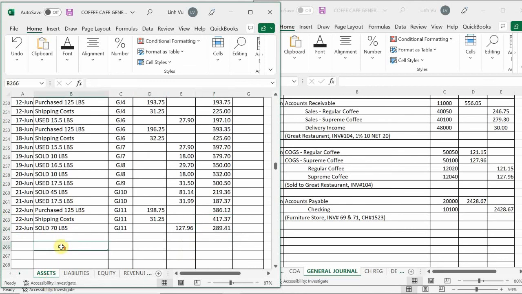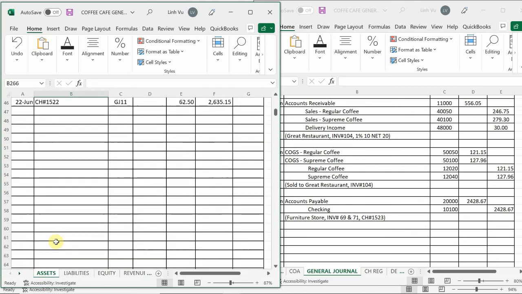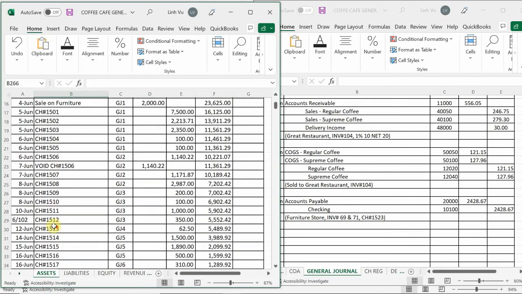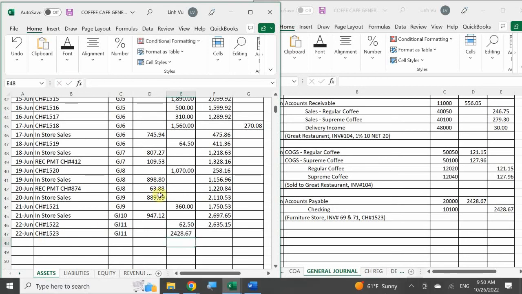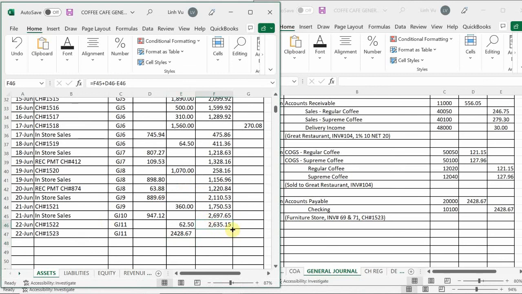I just cut a check. Therefore, I need to know how much money I have in the bank now. So here's my checking account. How much did I cut the check out for? 2428.67. So how much money do I now have left in the bank?